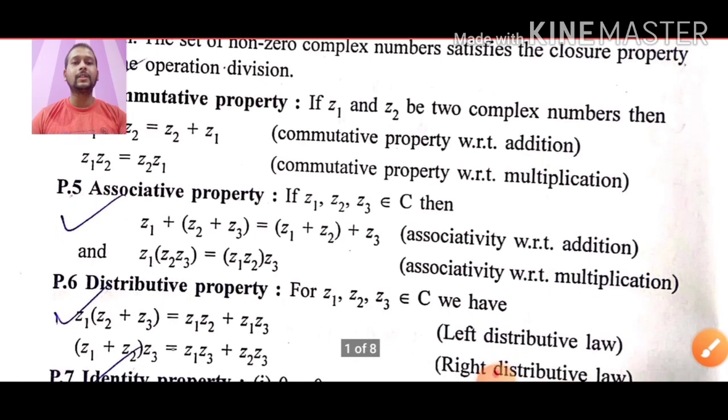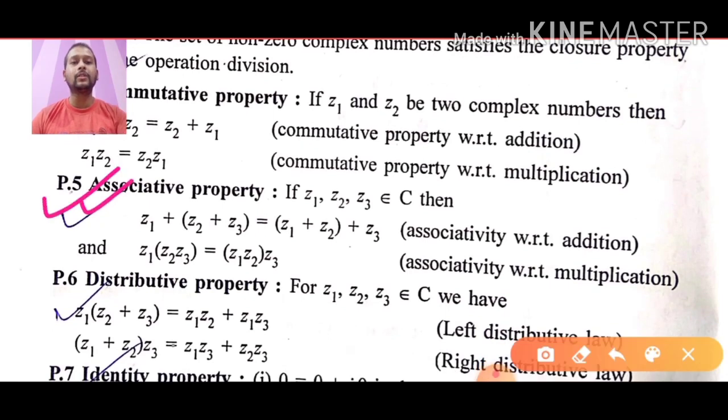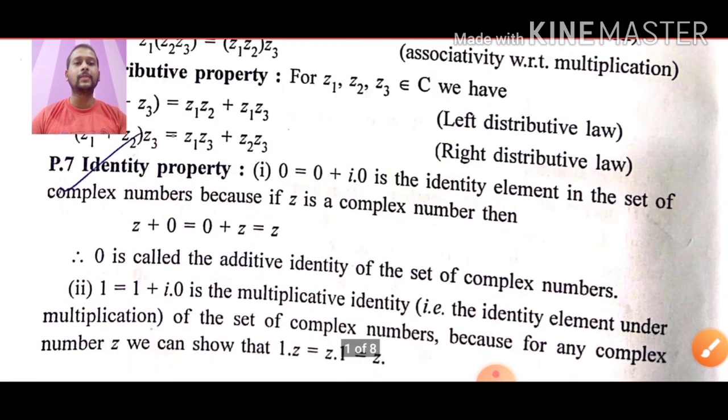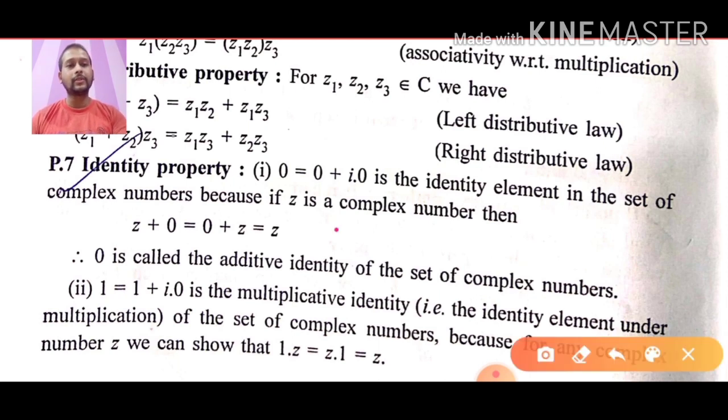Same in case of associative property. Please go through all this. Then distributive property, this I'm not going to explain. Identity property, this I am going to explain. It is also the same. If you add 0 to a complex number, we get the complex number itself.